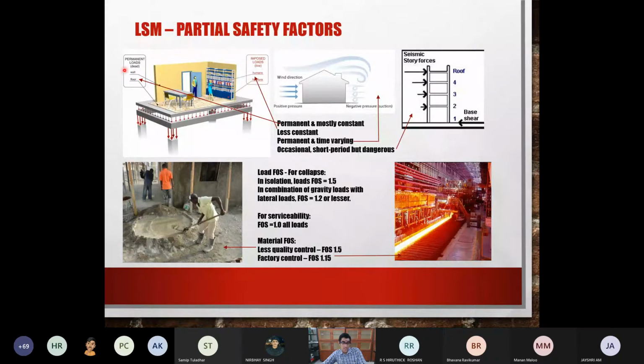In this picture, it is also shown what dead loads mean: things which are always going to be there, for example the weight of the wall, the weight of the floor itself, the weight of the beams, the weight of the columns. Whether you build a beam, a column or a slab, any structure you build is going to have its own weight, and it should be capable of withstanding its own weight. Those things are known as dead loads.